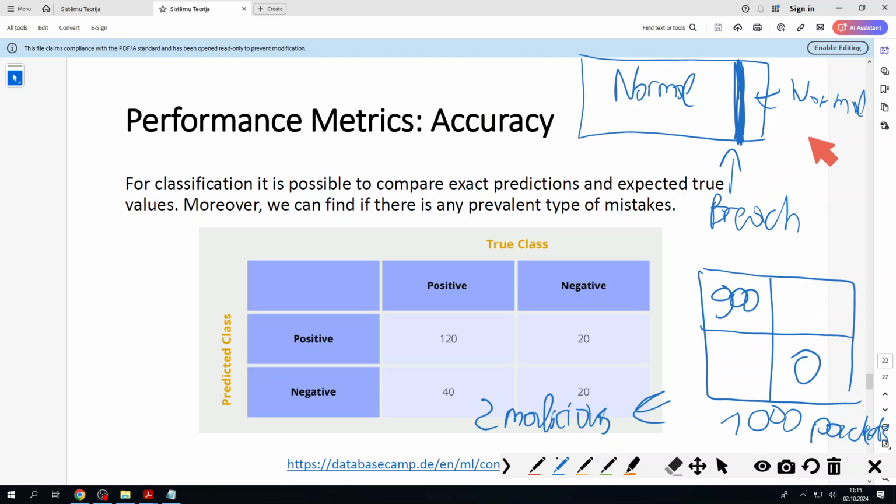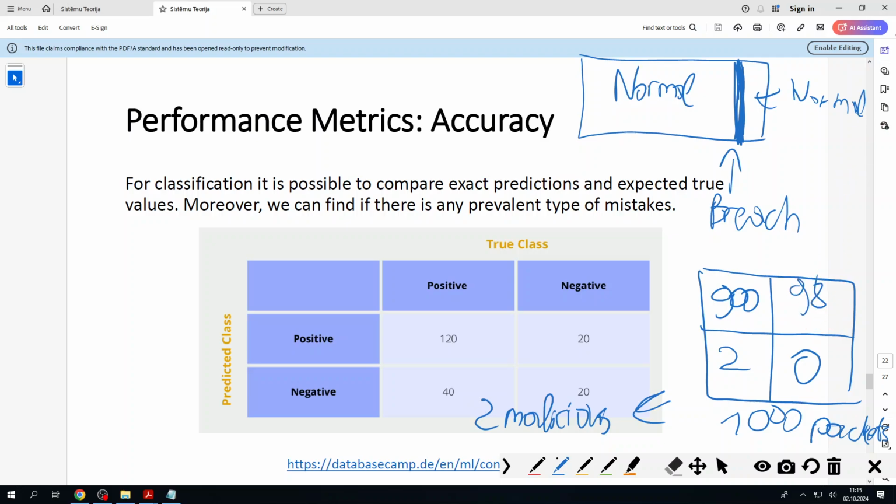And accordingly, then we have to split the remaining parts. So since it didn't find any attacks, that means when it was actually true that it was malicious, it returned a negative, yes? So that brings us here, which is 2, and the remaining part goes to 98.